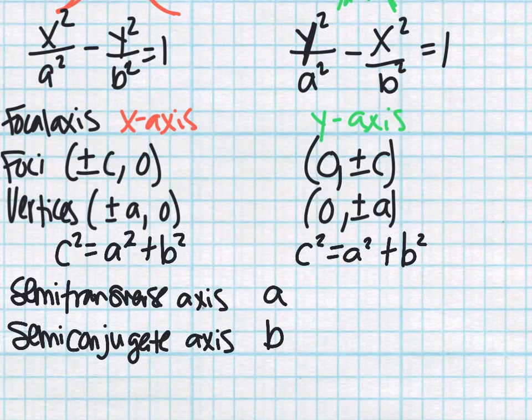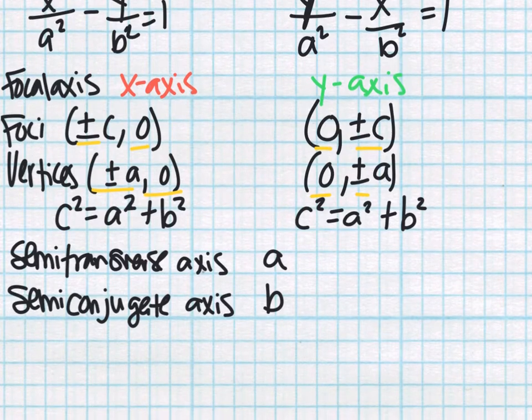And if you notice, most of these are basically the same. It's just my x and y switch, which makes sense if I'm flipping it over the xy axis. One's got the x-axis, the other's got the y. I gotta flip my x's and y's. So a lot of these are the same.